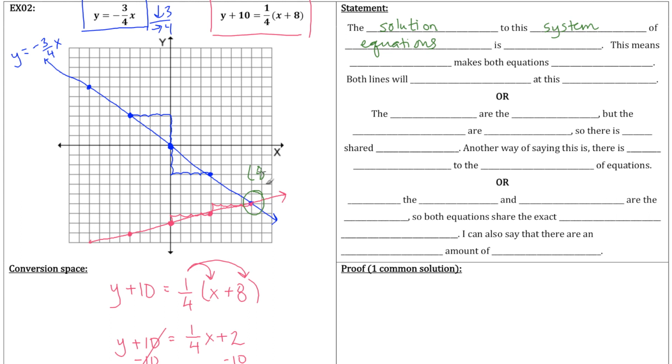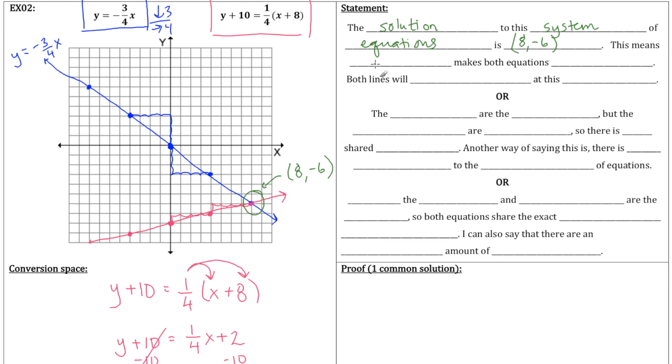So (8, -6). Let me write that a little nicer. The solution to the system of equations is (8, -6).